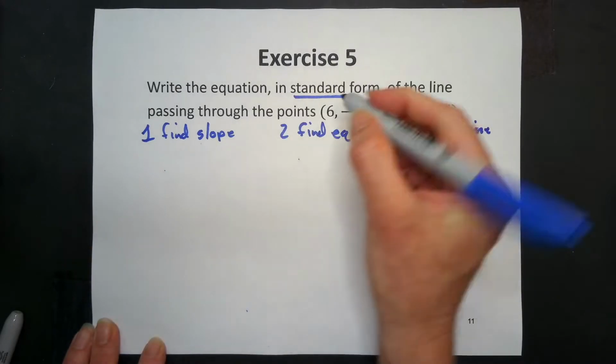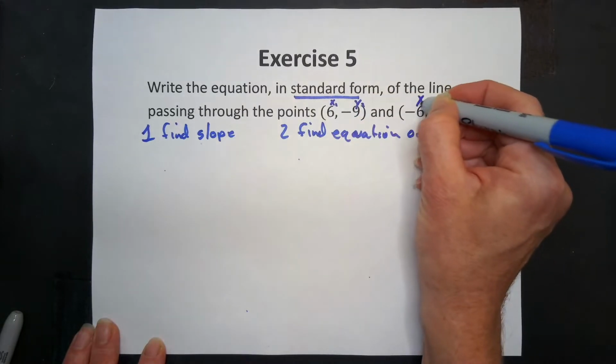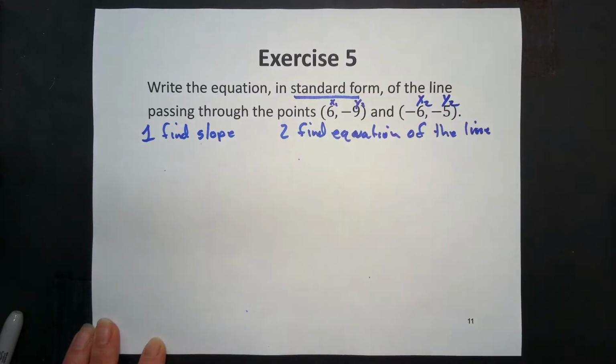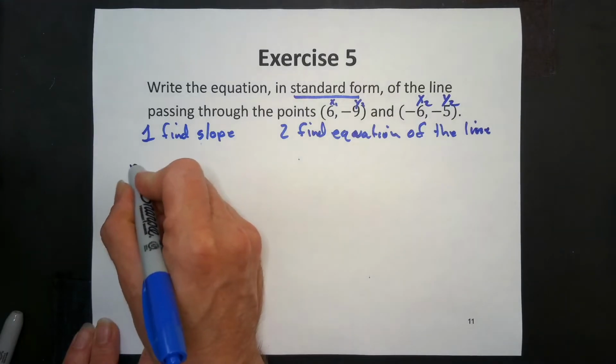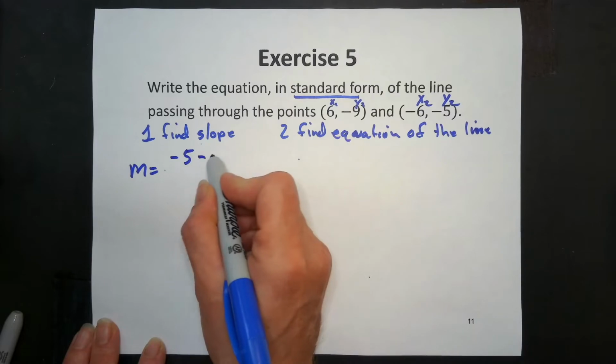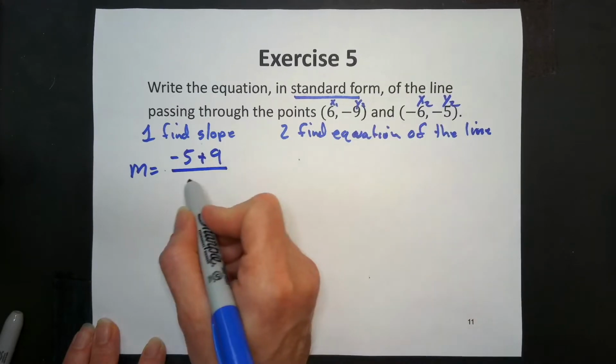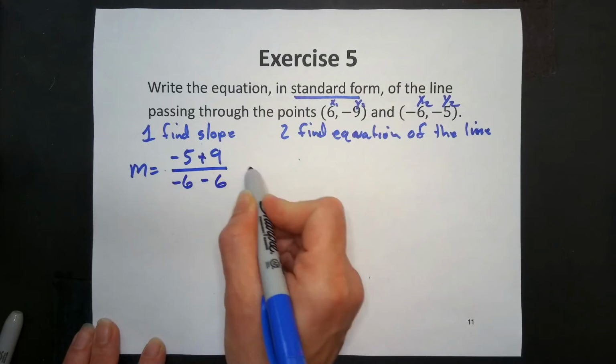So I'm going to have to label this, let's say x1, y1, x2, y2. It's going to be m equals -5 minus -9, which would be +9, all over -6 minus 6.